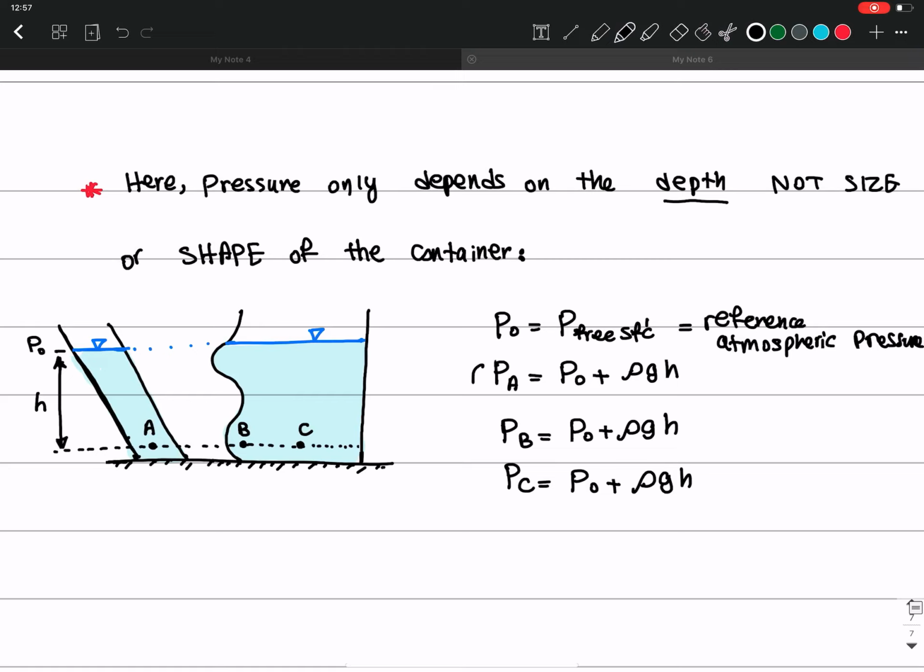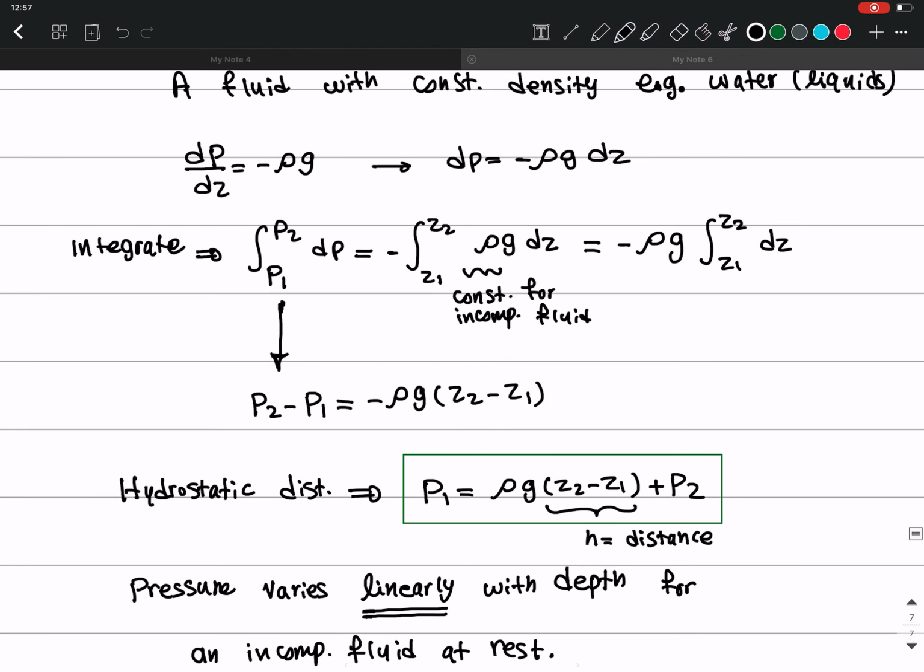So from these, you see that P at A equals P at B equals P at C. They are all equal. Right? Very interesting point that the pressure only depends on the depth of the fluid and not the shape and the size of the container. And this is what we get from this formula here. Right?